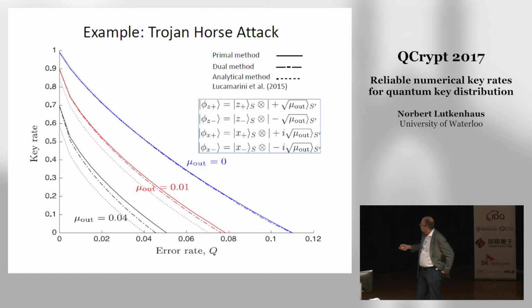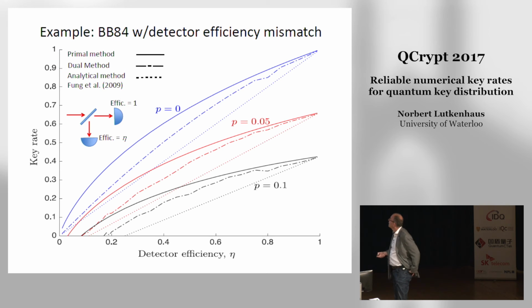Marco, in his paper, had been able to get some analytic results, but as usual, analytic results mean that you need to force some tools so that you can actually solve the optimization. So he got this dotted curve. Then we used our dual methods, which improved a little bit on that one. And now our primal method even improves on that one. The important point is that only we can handle those situations. And sometimes we can improve something that we lost before because of proof technique.